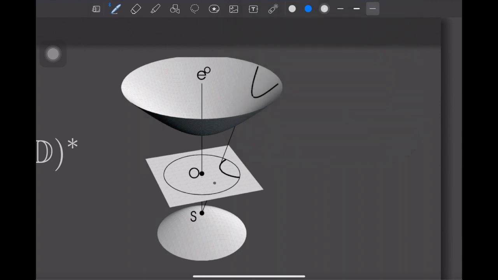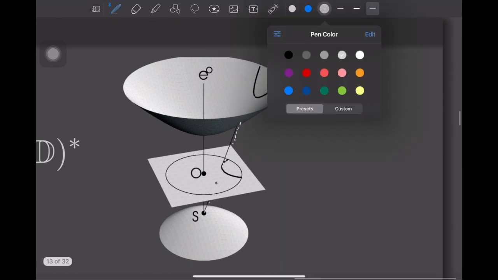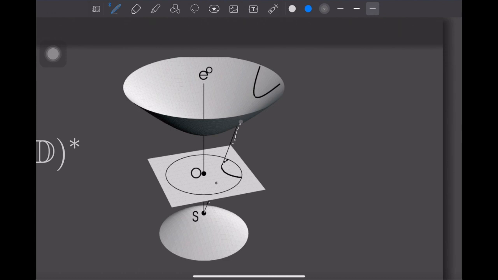Terrible choice of color. And then downstairs, I have the tangent plane at that point. So let me draw the tangent plane like this.